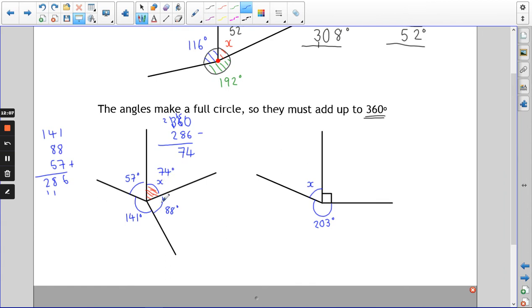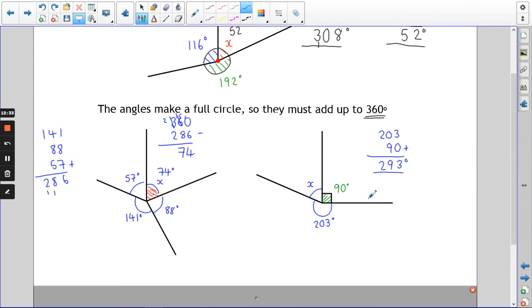Okay, and the one on the right, a bit sneaky in there again, look, that's a 90-degree right angle. So you have to include that when you do your adding up. So first of all, let's add up the 203 and the 90. Be careful with your columns. So 3 add 0 is 3, 0 add 9 is 9, and then we've got a 2 on its own.